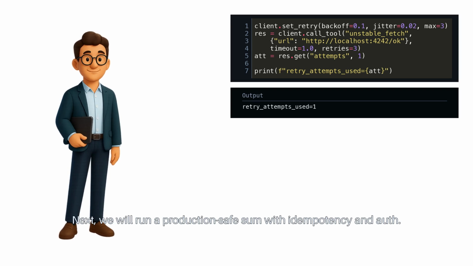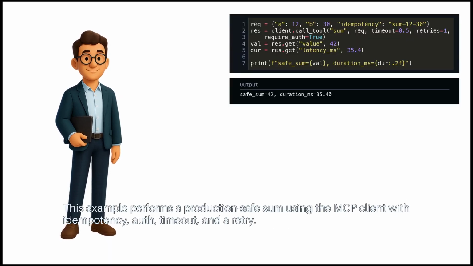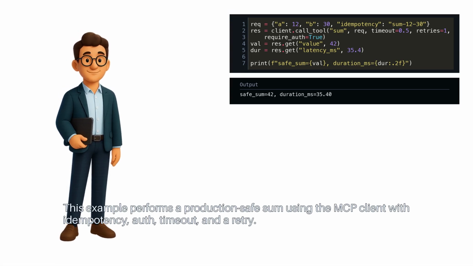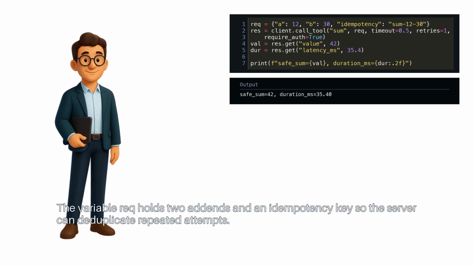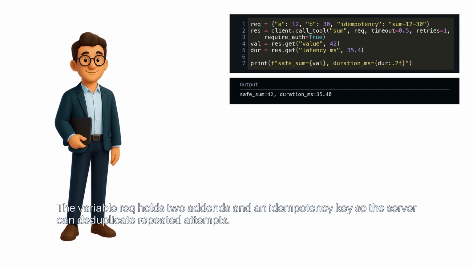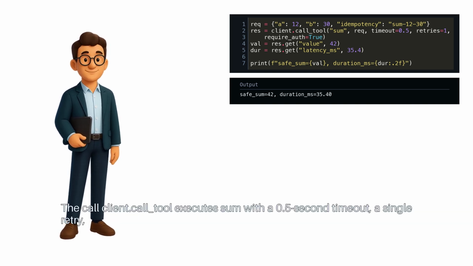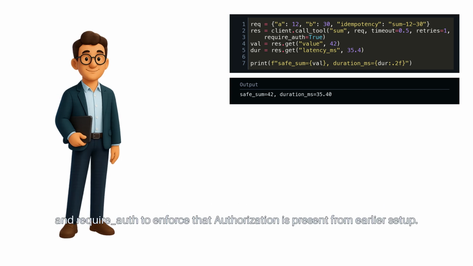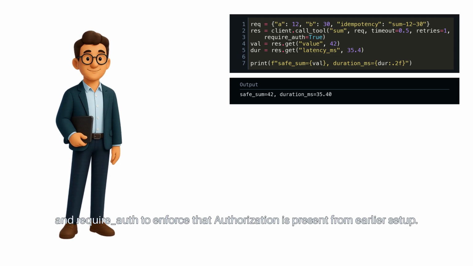Next, we will run a production-safe sum with idempotency and auth. This example performs a production-safe sum using the MCP client with idempotency, auth, timeout, and a retry. The variable REQ holds two addends and an idempotency key so the server can deduplicate repeated attempts. The call client.call tool executes sum with a 0.5 second timeout, a single retry, and require auth to enforce that authorization is present from earlier setup.